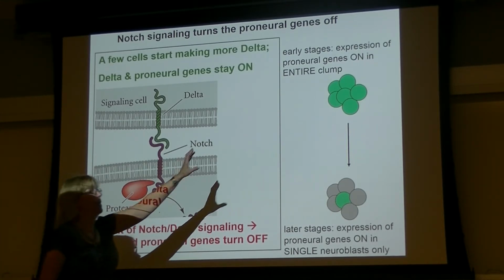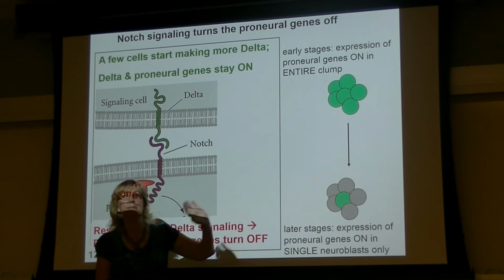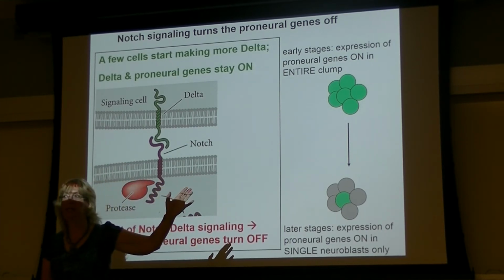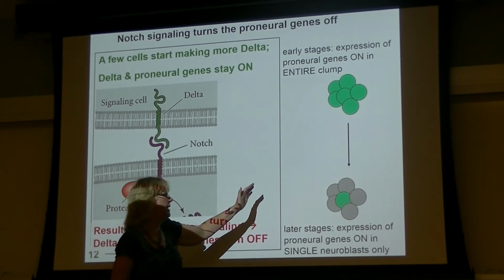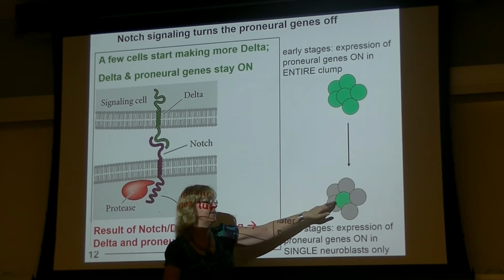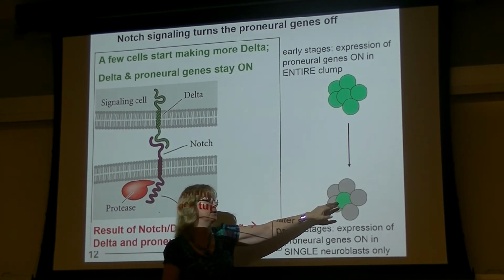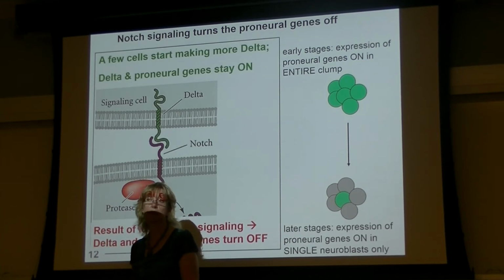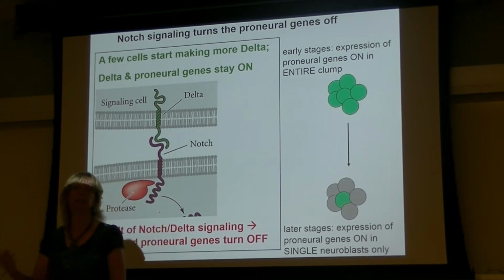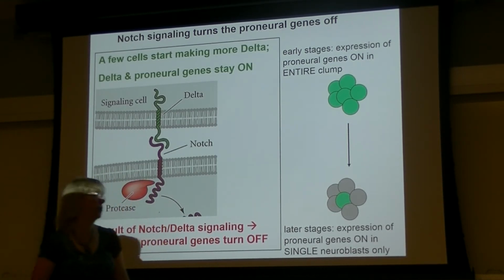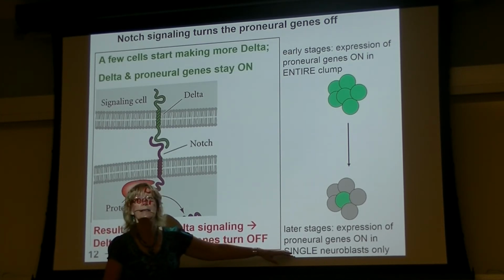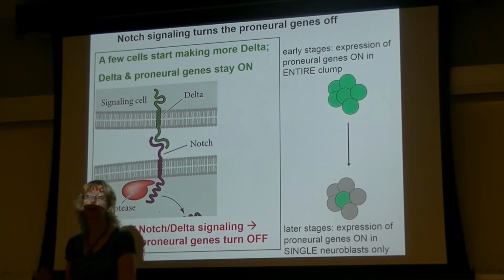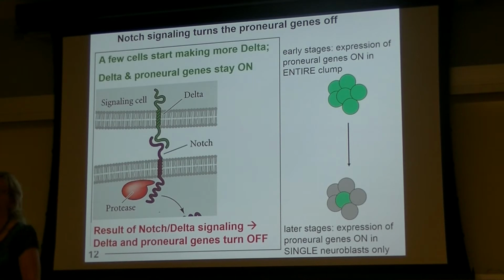Initially, we might have an entire clump of cells expressing both delta and notch, green in my figure here. And then at a later stage, you only see fewer, or one cell out of 4 on average, continues to express these proneural genes, and these then become the neuroblast cell fate, and eventually neurons and glia arise.